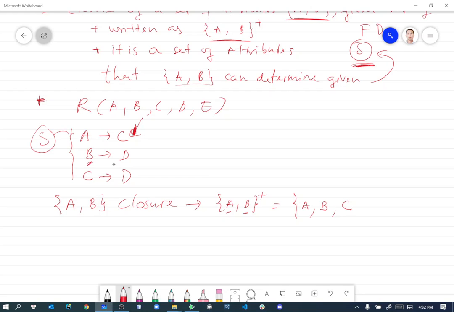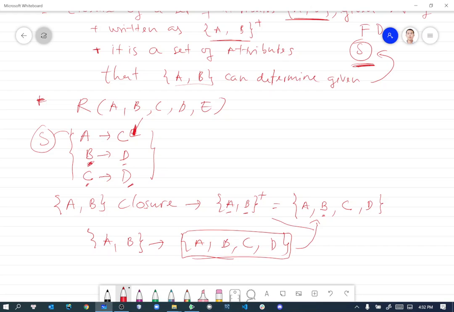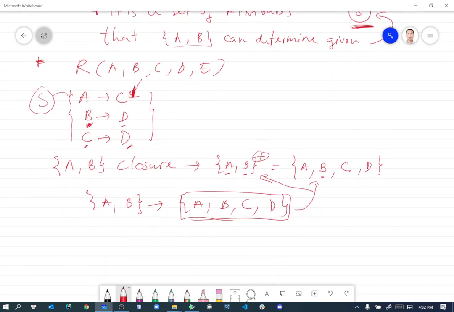B can determine D, so you add the D in. C can determine D as well, but D is already there. Which means that given S, A and B can determine A, B, C, and D. So A, B, C, D is the closure of AB.